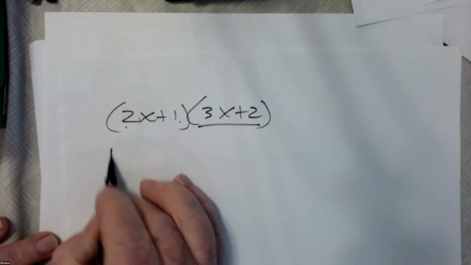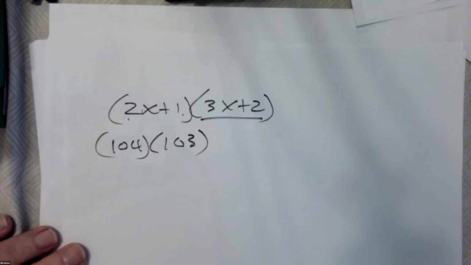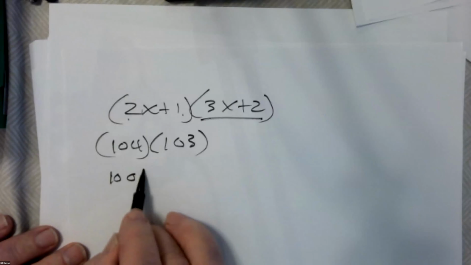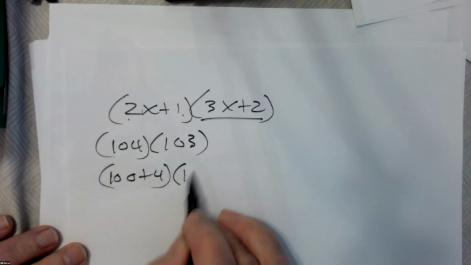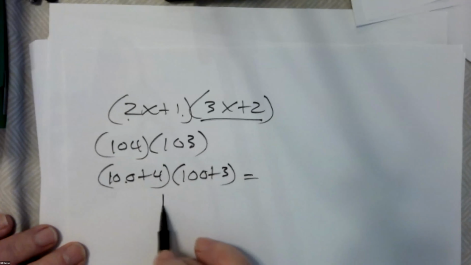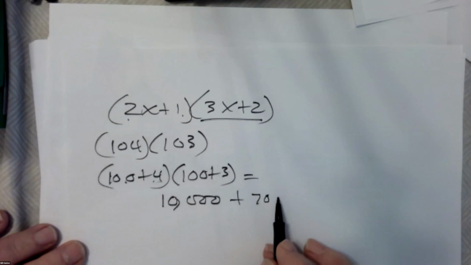Well, now if I have a problem like 104 times 103, what will happen is you see a pattern. 104 is 100 plus 4 times 100 plus 3. 100 times 100, that's going to have 4 zeros, so that's 10,000. I'm going to have 300s plus 400s, that's 700s.